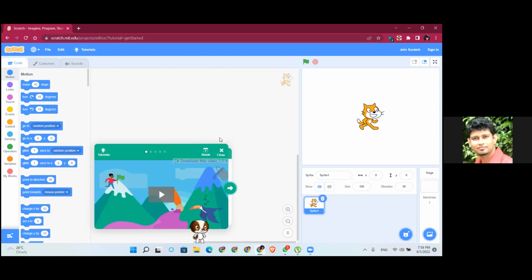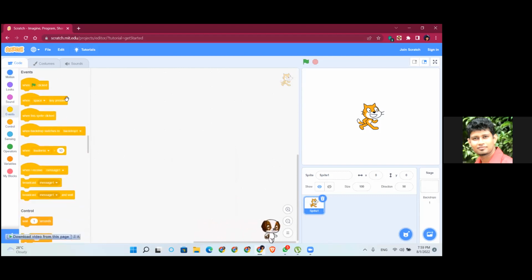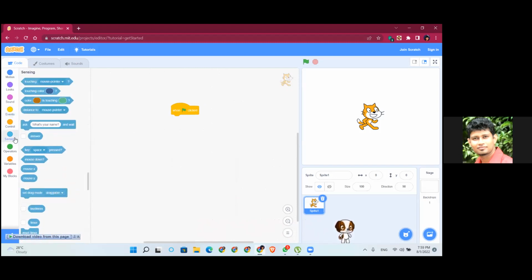Okay, first of all, you have to go to the events, yellow color events. Close this first. Then go to the yellow color events. From that, get the flag click. Then go to the light blue color sensing.